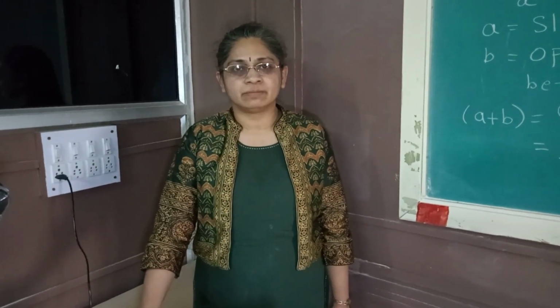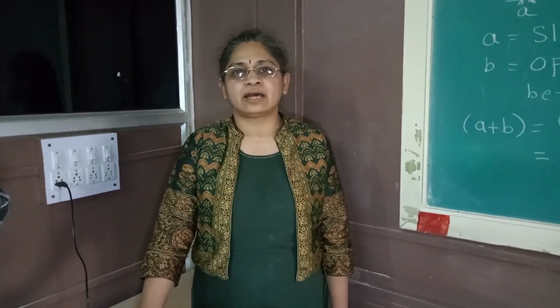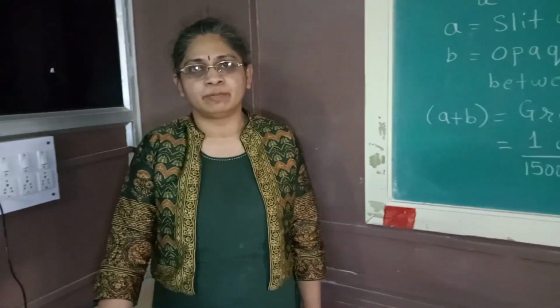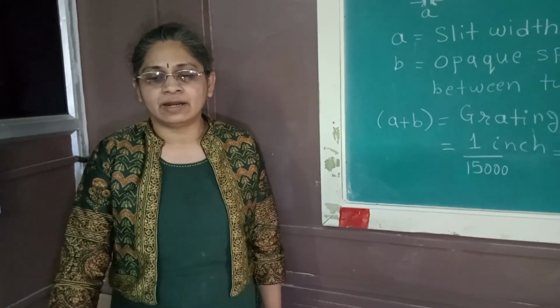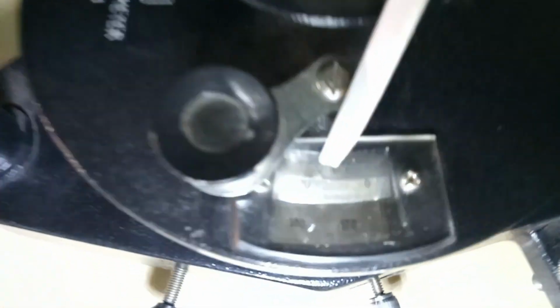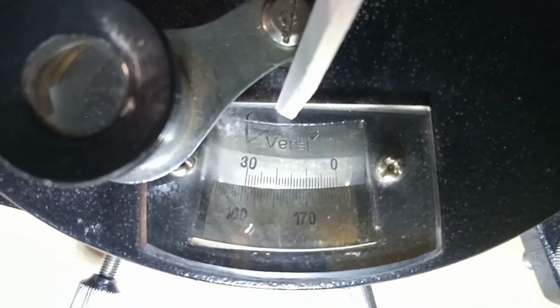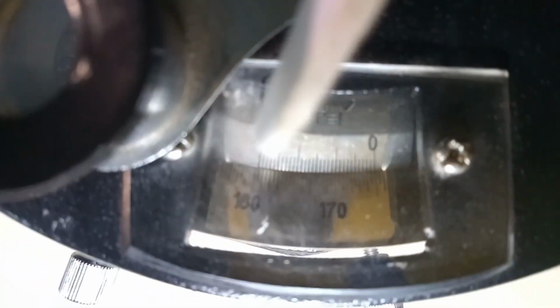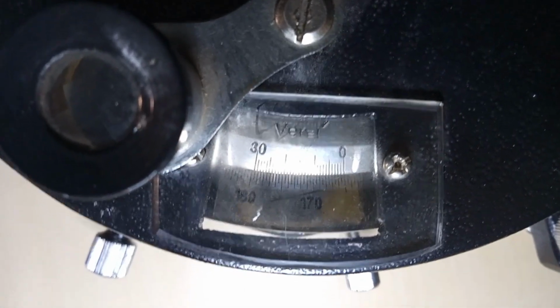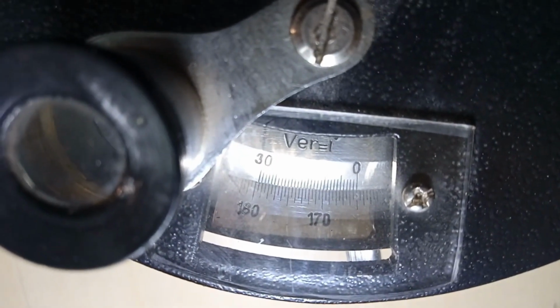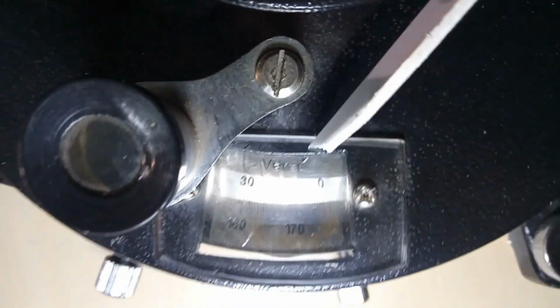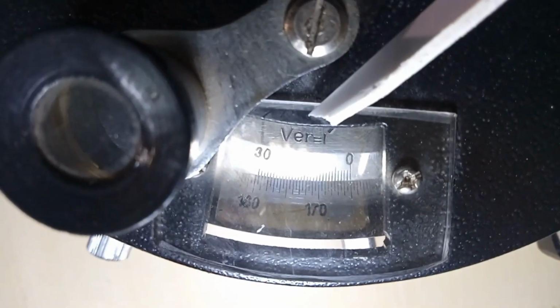Least count is given by the smallest division on the main scale, the smallest angle which you can measure with the help of the main scale, divided by the total number of divisions on the vernier scale. The inner one is the vernier scale, the outer one is the main scale. Here you can see there are 30 divisions on the vernier scale.